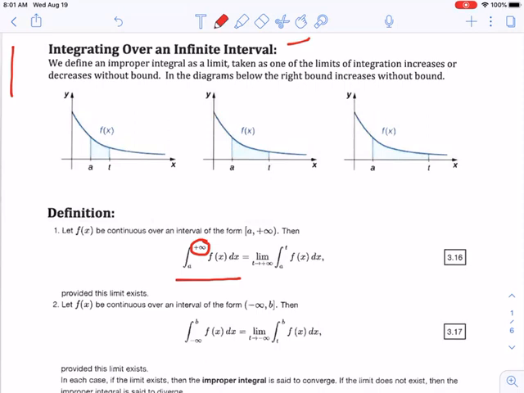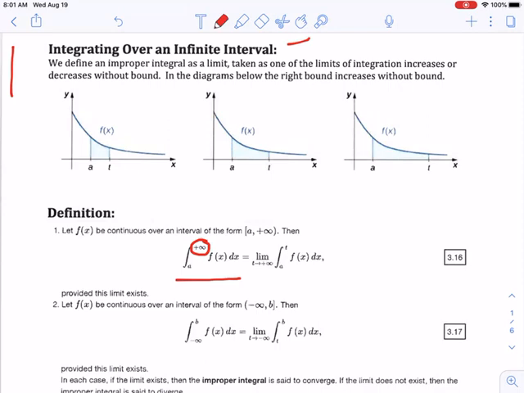Well, that would seem like, if there's no upper bound, there's going to be an infinite area. That would be a logical conclusion, and that may be true. There may be an infinite area underneath the curve. However, there could be an actual area, and it depends on how quickly the curve converges.